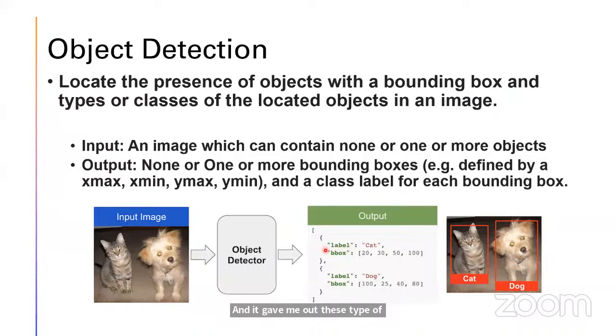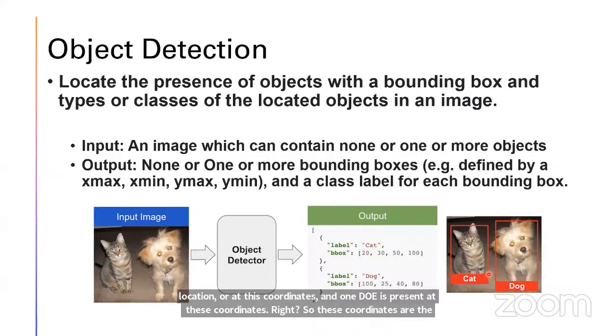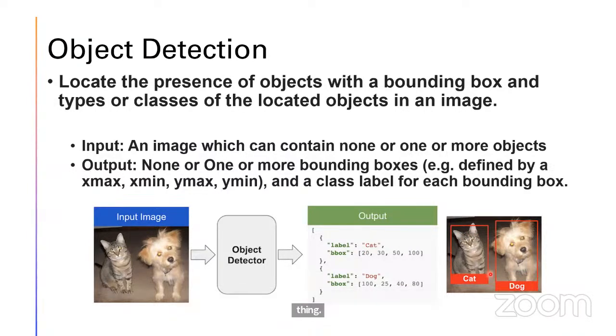It gave me the class of the object. It is telling me that, okay, a cat is present at these coordinates, and one dog is present at these coordinates, right? These coordinates are nothing but the upper point and lower point of your bounding box. This is one of the formats to represent a bounding box. Once I have the upper point and lower point, I will be able to draw the bounding box across the image.